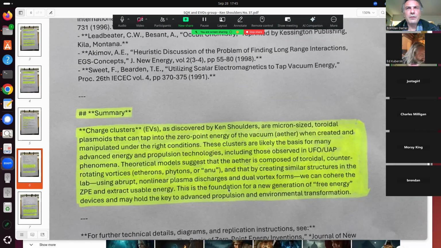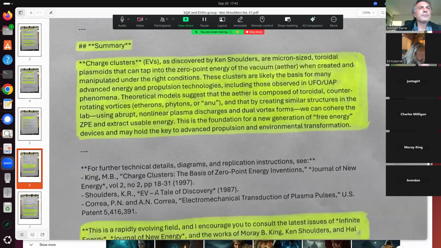This is the foundation for a new generation of free energy devices and may hold the key to advanced propulsion and environmental transformation.